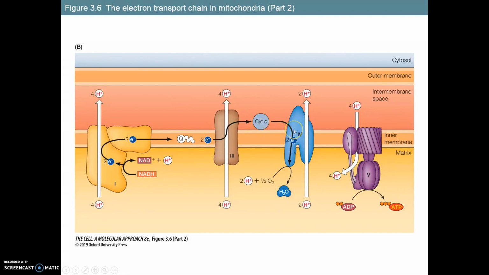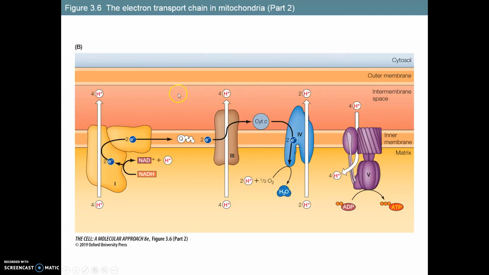There it dumps off the electrons, which ultimately pumps a couple more protons into the inner membrane space. And the final resting place for those low energy electrons is to combine with molecular oxygen and hydrogen ions that are still present, and turn that into water.